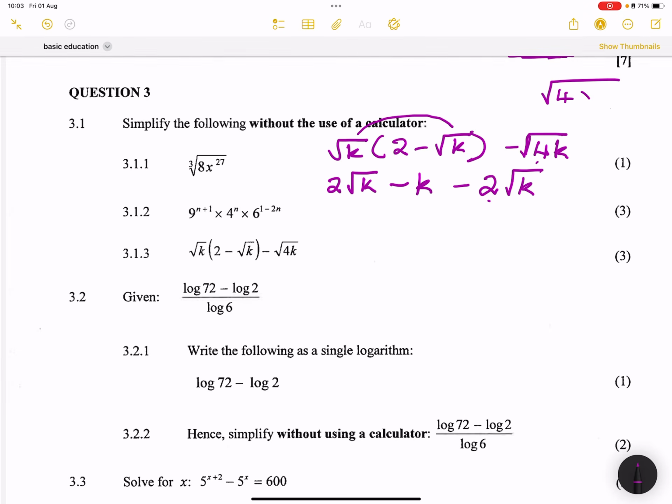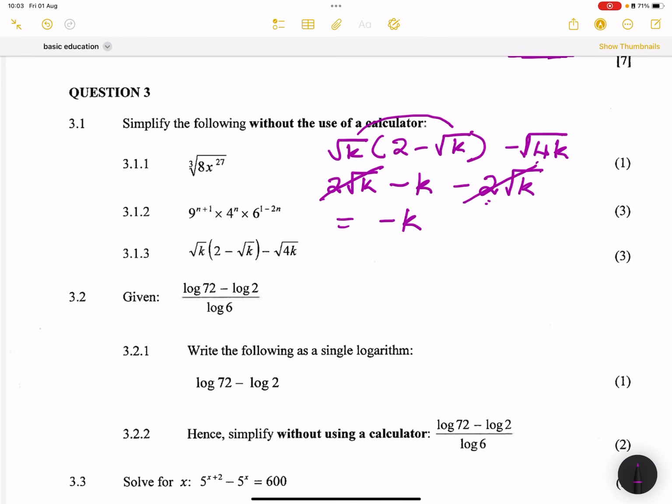That means that square root of 4 times k is the same as square root of 4 times square root of k, and square root of 4 became 2, and square root of k just remained square root of k. Now you see that we've got like terms, minus 2 root k and 2 root k. Those cancel each other out, and what we are left with is minus k. All right, so that is how the cookie crumbles.